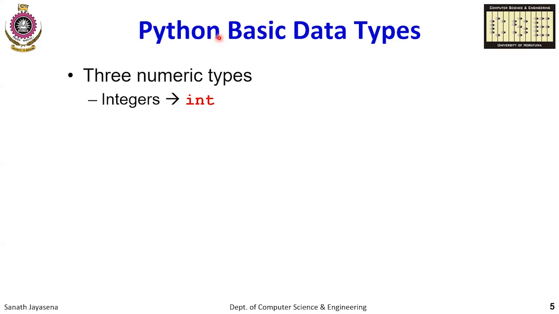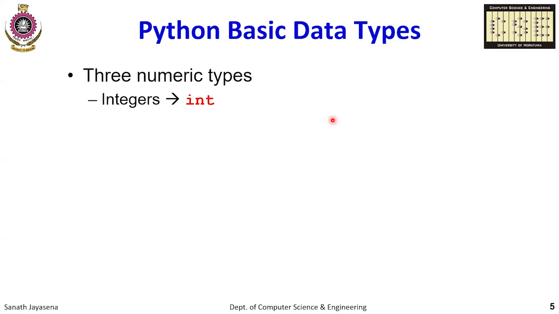And of course, at the lowest level, the hardware level, numbers can be of different types. Integers and floating points, or integers and real numbers, are differentiated at the hardware level also. And so at the high level in the programming language, we see various data types.